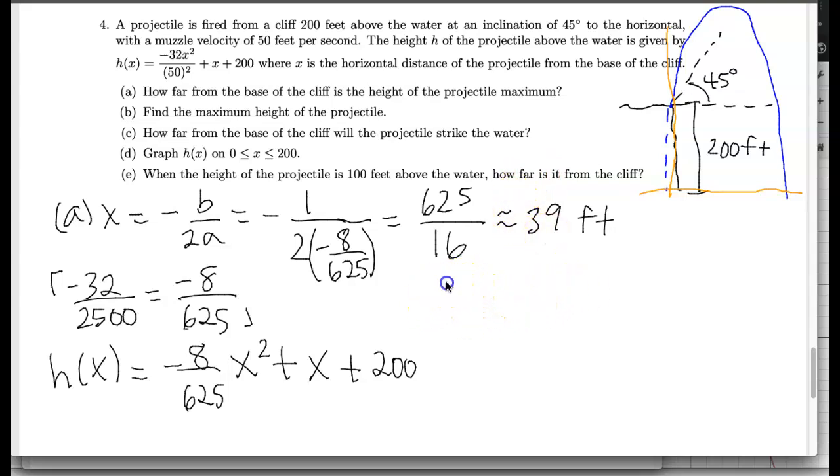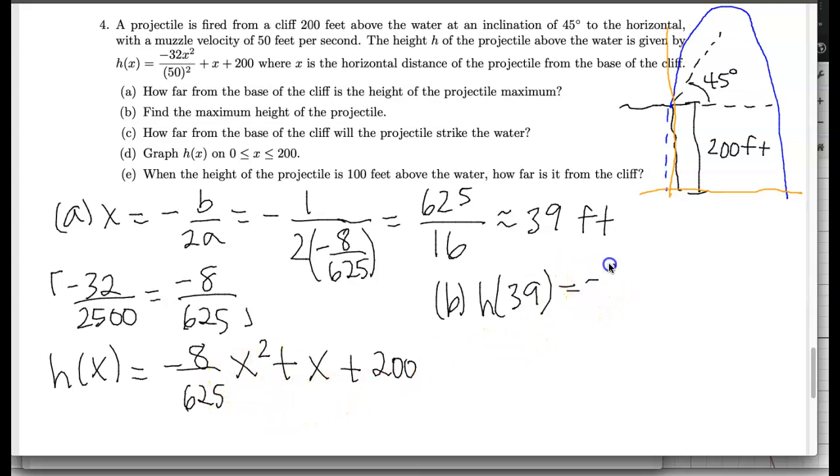For part B, we want to find the maximum height of the projectile. So that means we want to know the y-coordinate of the vertex, which means we'll find h of 39. And so we'll plug in 39 for x.